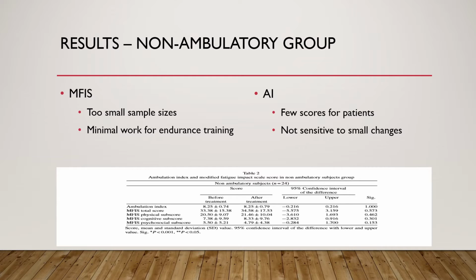And even all the other ones, there was an increase in numbers with the exception of the psychosocial score. So for ambulatory patients, the Modified Fatigue Impact Scale was a good tool to use to show the fatigue of patients. But in both the ambulatory and non-ambulatory group, the ambulatory index was not a good scale to show improvement because there was very minimal change in the scores.